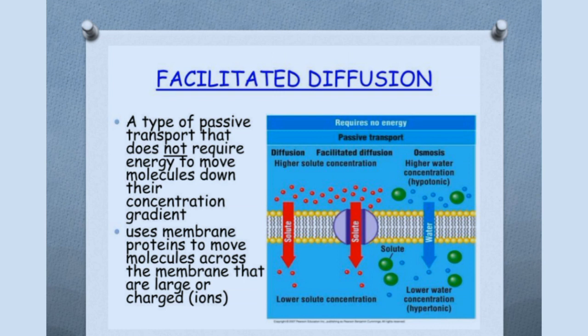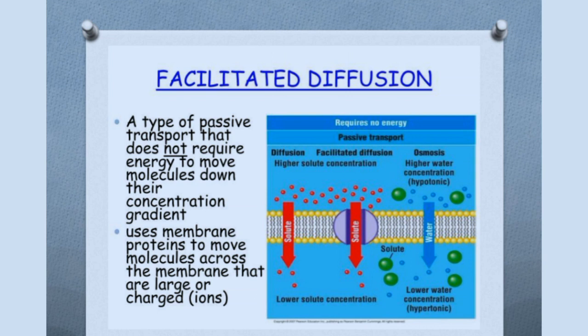So here the proteins are being used to facilitate the transport. For example, when we have to walk over a long distance, is it possible? It will be very painful. So what do we do? We use vehicles or other animals like horses, etc. Means we use them to move from one place to another. So it is facilitated transport.